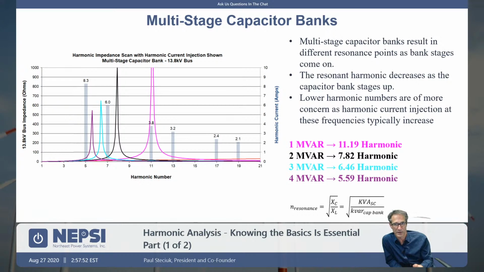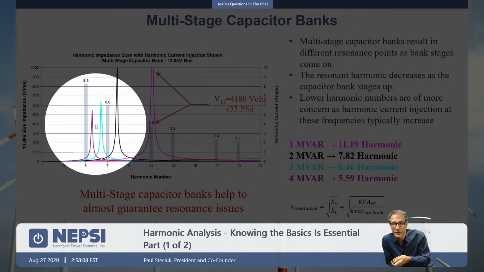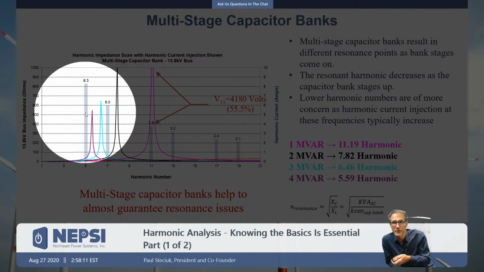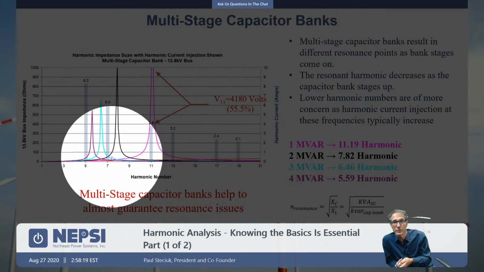And you can see that I have an issue with harmonic voltage at the 11th harmonic because of the 3.8 amps of current injection being multiplied by this impedance when I have a 1 megavar stage on. I also had this problem down here originally with the 4 megavar bank on, that I was concerned about the shift there. And of course with this blue line here, you would also have a concern maybe it would go over the top of the 7th.